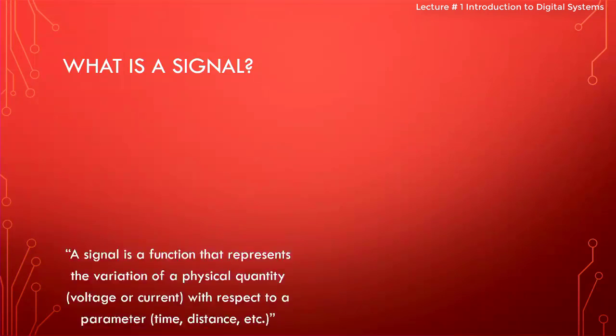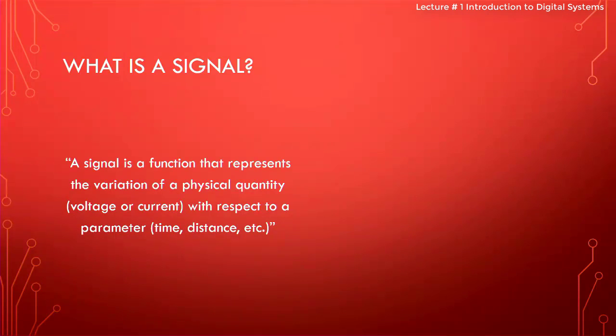Okay. All right. So a signal is a function that represents the variation of a physical quantity, which is mainly going to be either voltage or current, with respect to a parameter that could be time or distance.